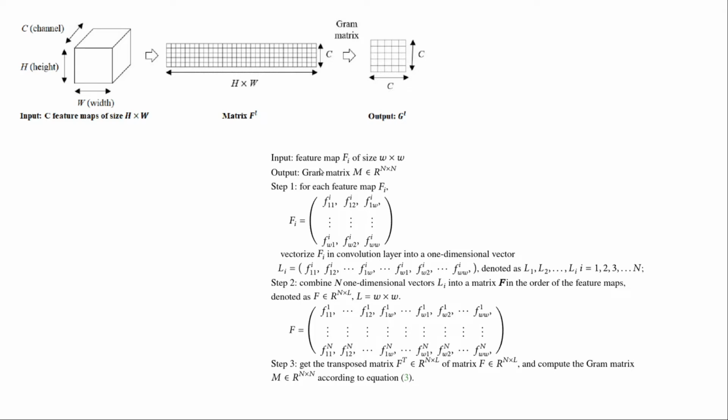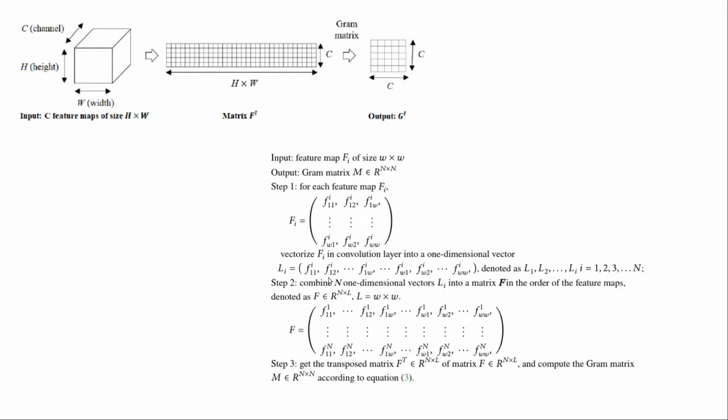Here they are pretty much saying the same thing. So in step 1, for each feature map Fi, vectorize Fi in the convolution layer into a one-dimensional vector. That's what this step was doing in the top part of the image.